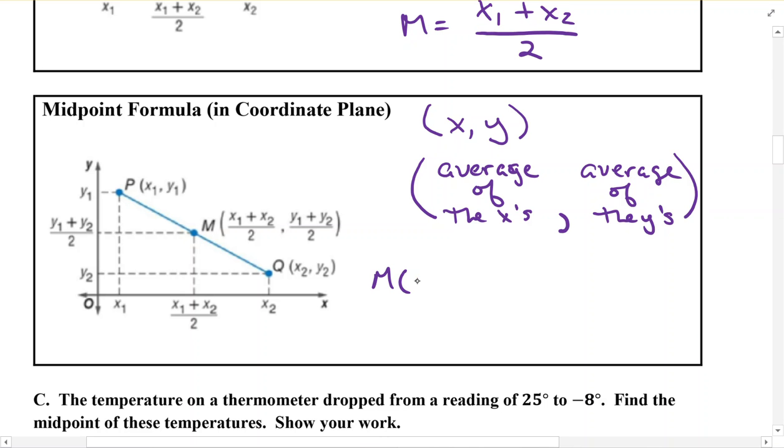So the midpoint is an actual point. To get the x-coordinate, it's x1 plus x2 divided by 2. To get the y-coordinate, y1 plus y2 divided by 2.